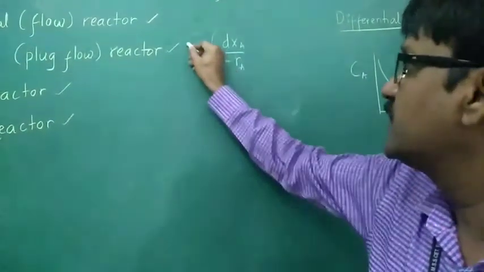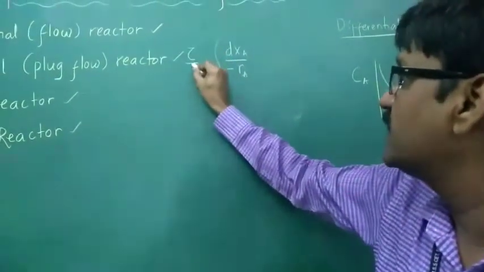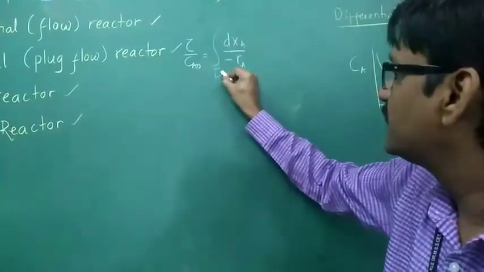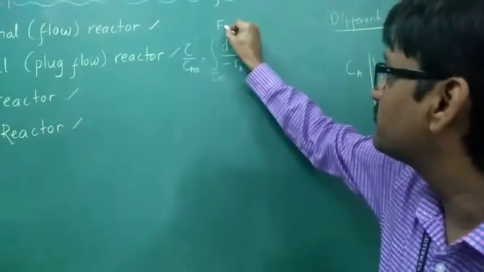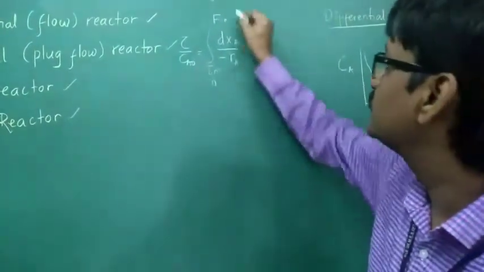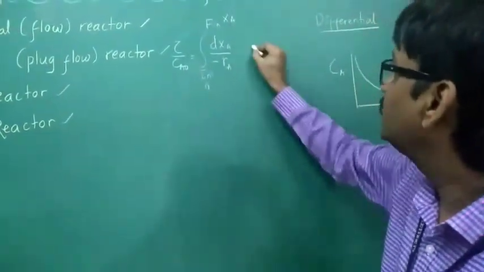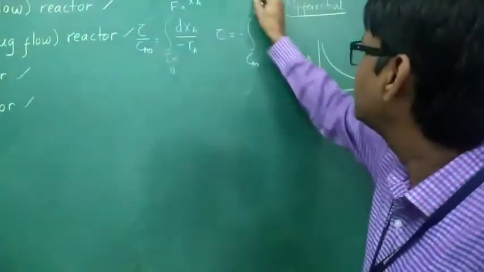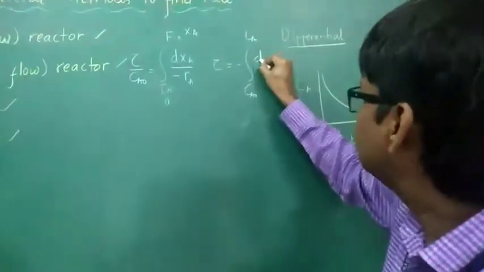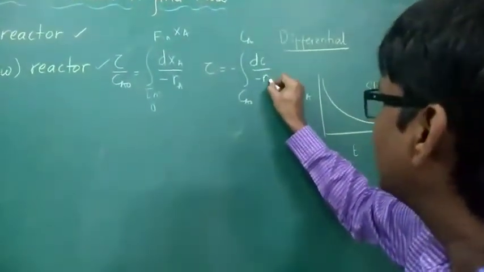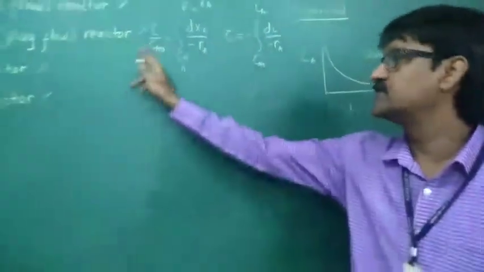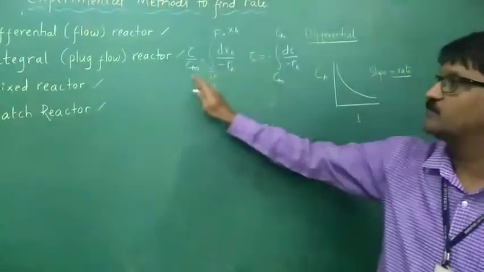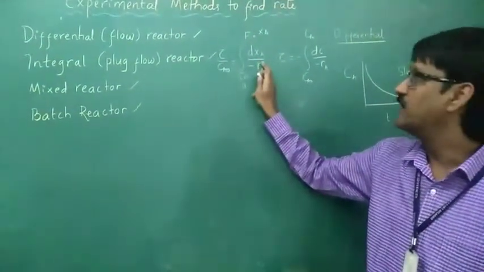So tau by Ca naught is the integral of dXa by minus Ra, from the initial condition to the final condition, 0 to Xa. Or you can write tau equals minus the integration of dC by minus Ra from Ca naught to Ca. This can be solved by simple integration, therefore it falls in the class of integral method.